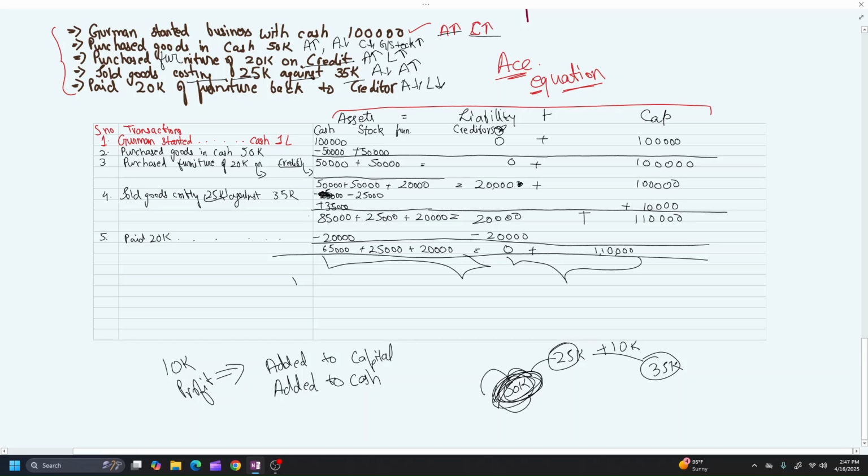This question particularly is from T.S. Grewal illustrations. You can go and search for more questions and try to do them. But this is how you will do your asset equals liability plus capital, that is your accounting equation. If you are able to understand this much, any kind of question you will be able to do with ease.